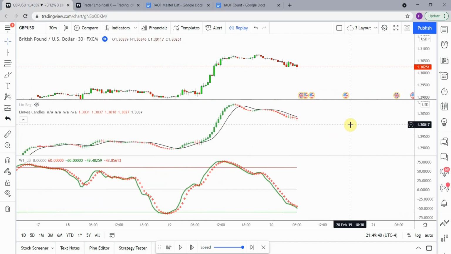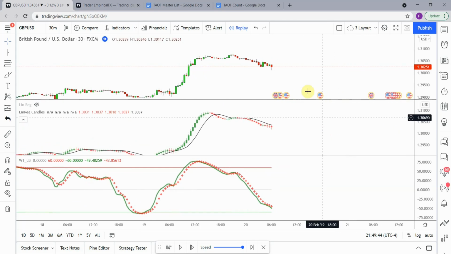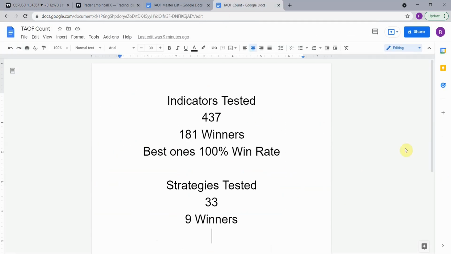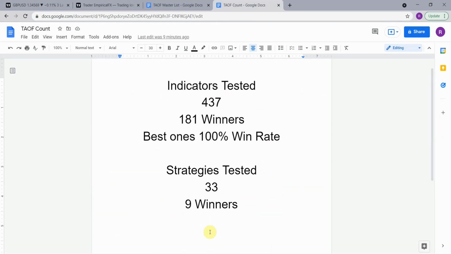Alright, as I said, today we will be testing a 30-minute trading strategy. Before we do though, I wanted to put the testing scoreboard up for everyone to see. So to date, we have tested a total of 33 different strategies. This one will be the 34th, with 9 of them being winners.